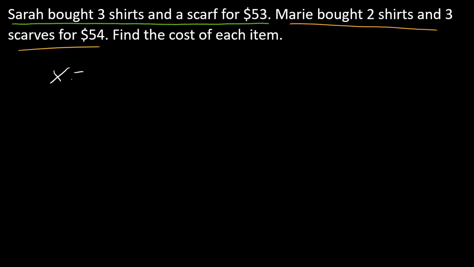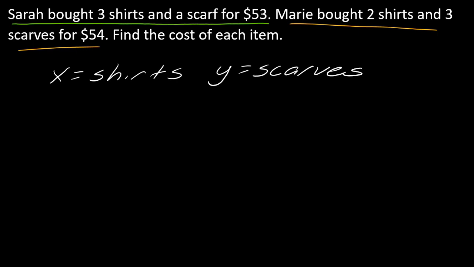So let's let X represent shirts and Y represent scarves. Now I can pretty easily model their buying situation using these letters. So I've got 3 shirts and a scarf for $53. So 3 shirts will be 3X, and then 1 scarf will just be Y.